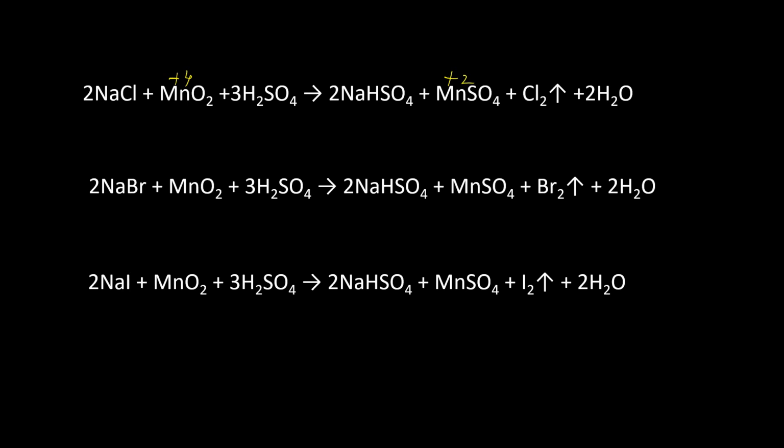Right. Now bromide, a similar reaction: bromide is also oxidized by manganese dioxide and sulfuric acid to reddish brown bromine vapor, and manganese is reduced to the +2 state. Right. Same thing with the iodide. Here also iodide is oxidized to iodine by manganese dioxide and sulfuric acid.